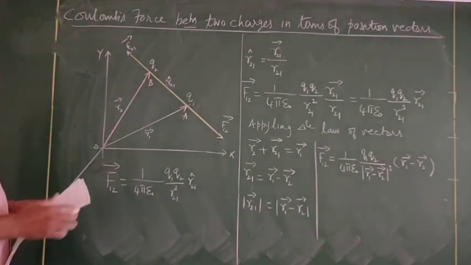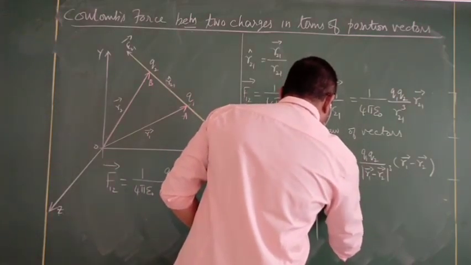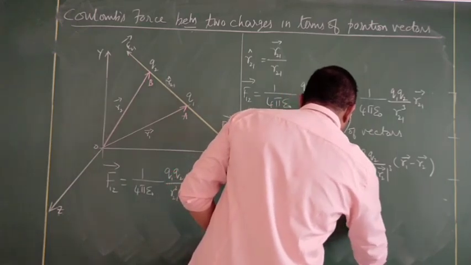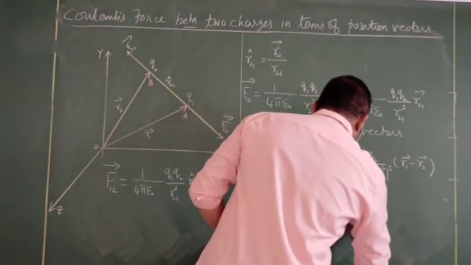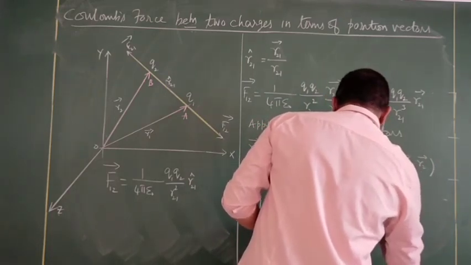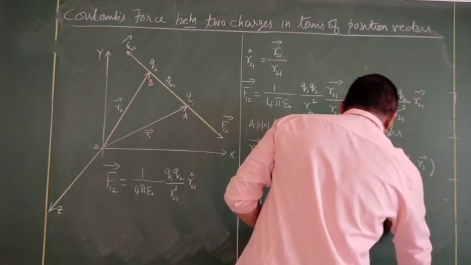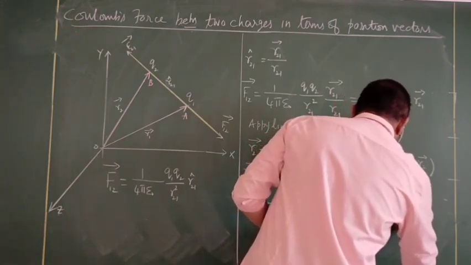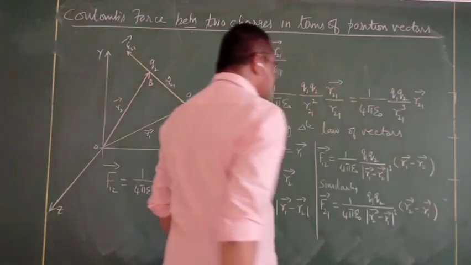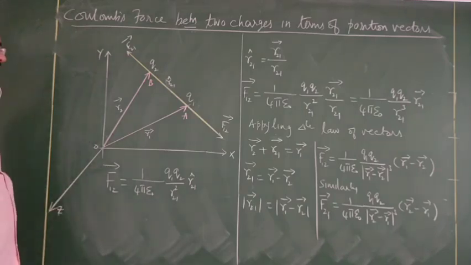In a very similar way, I can modify now. Similarly, F21 vector is 1 by 4 pi epsilon naught Q1 Q2 upon mod of R2 minus R1 vector cube into R2 vector minus R1 vector. Is that okay to you?